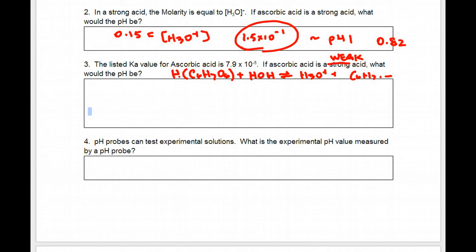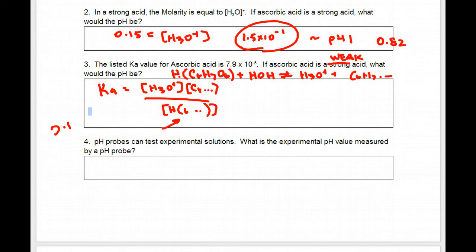So the Ka would be basically the concentration of H3O+ times the concentration of the anion, C6H7O6-, divided by the concentration of HC6H7O6. And what we're saying is this right here is 0.15 molarity.